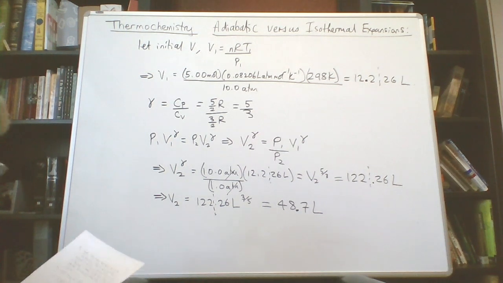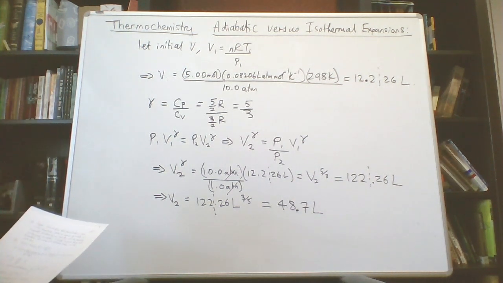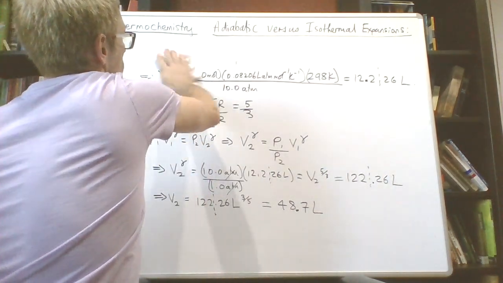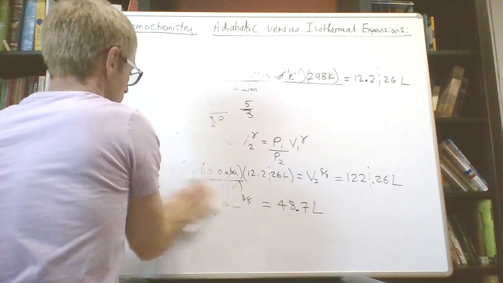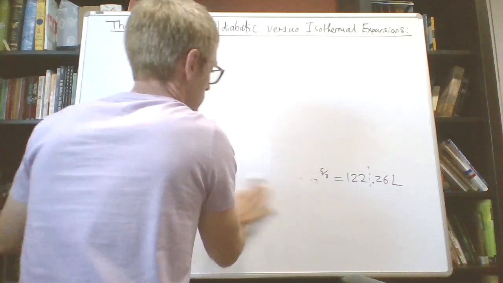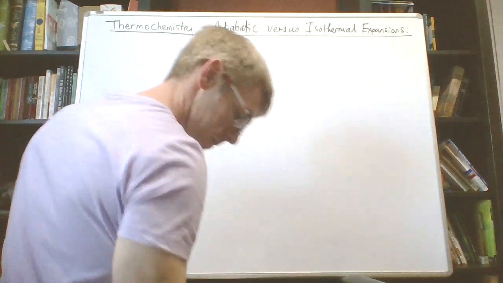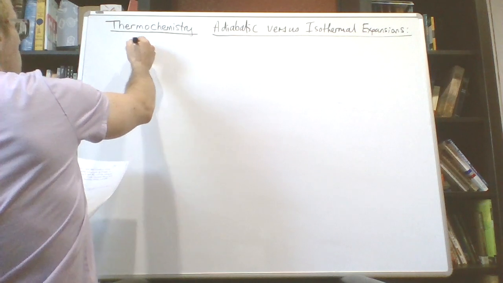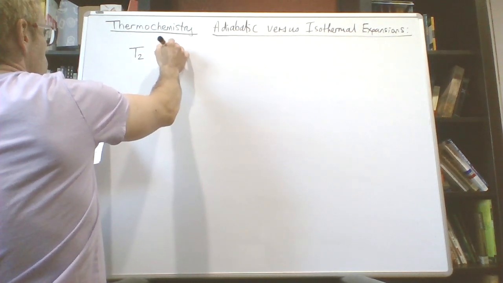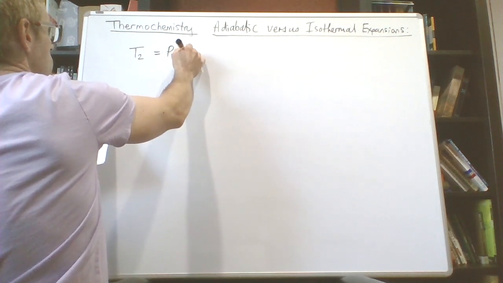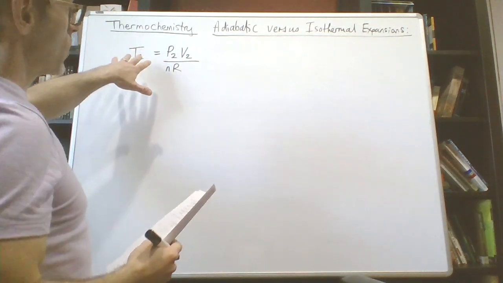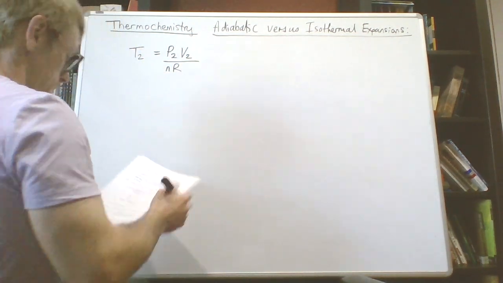That was volume. Let's look now at the temperature. So final temperature is P2 V2 over NR. Again, we're using the ideal gas equation, and we're labeling it with 2 for final.